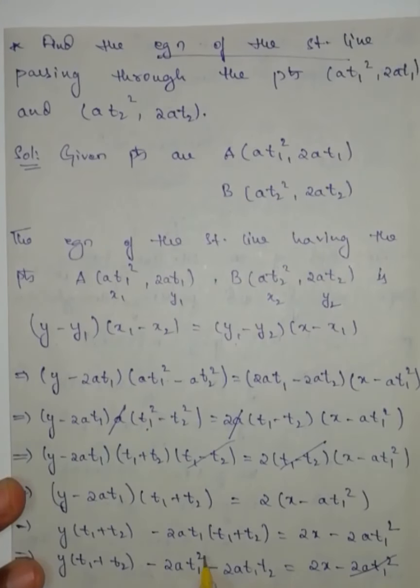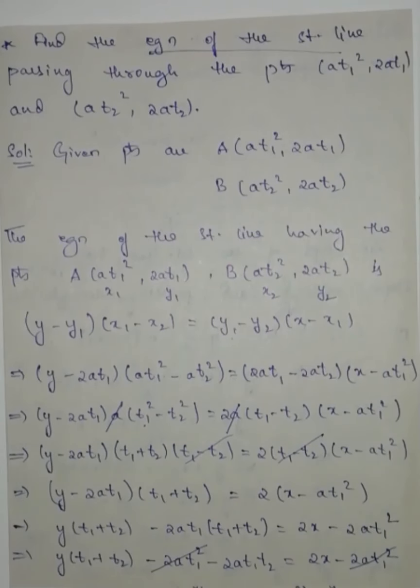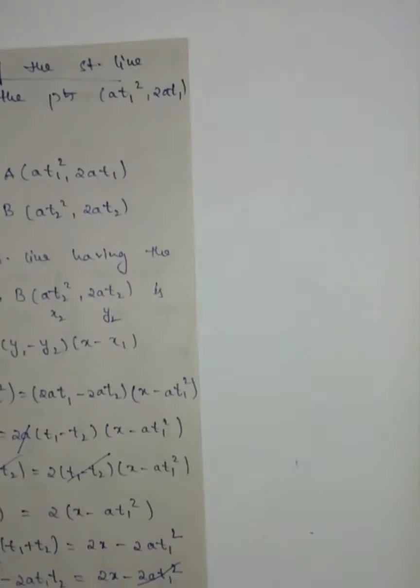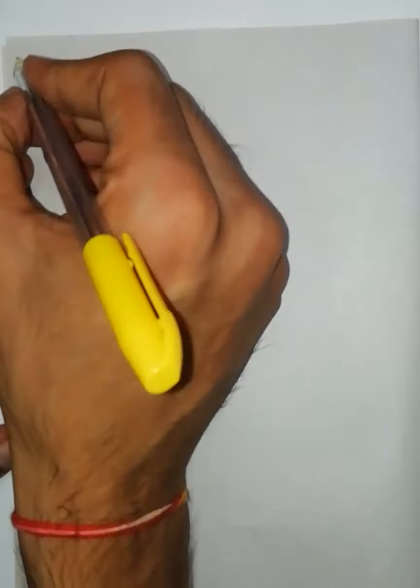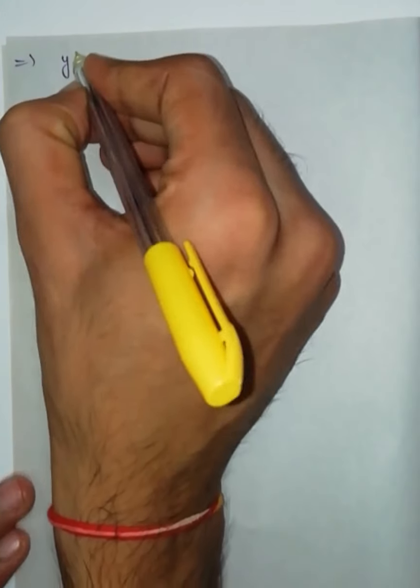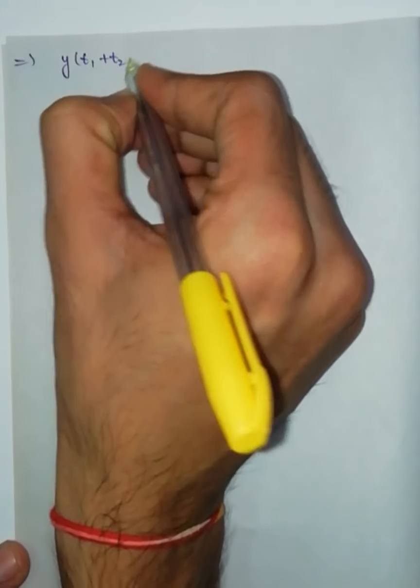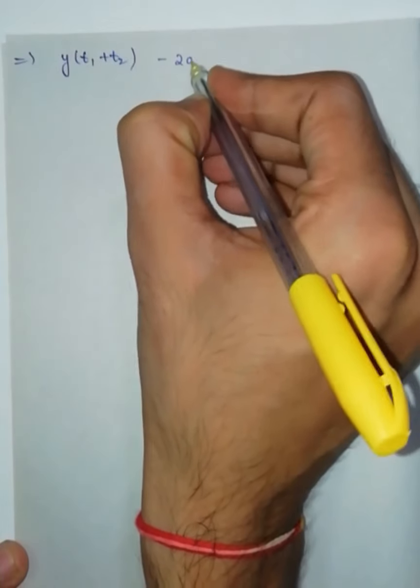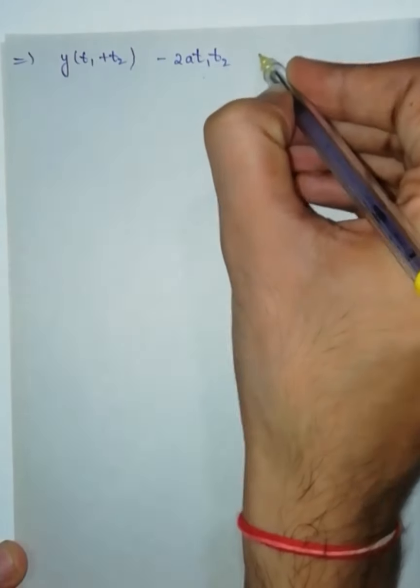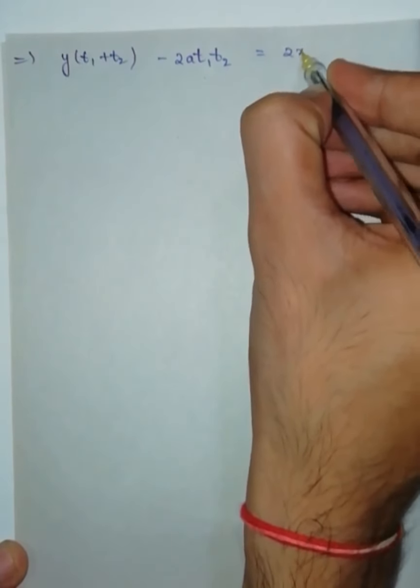Minus 2a t1 square and minus 2a t1 square get cancelled. Then we will get, this implies y into t1 plus t2 minus 2a t1 t2 is equal to 2x.